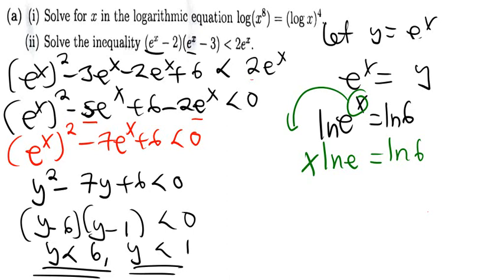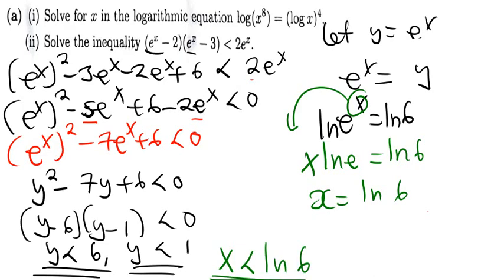So x is equal to ln 6. Then where there is this guy, I'll replace with what? I'm going to say x has to be less than natural log of 6. Meaning I'm done with this part here. That is the first answer.